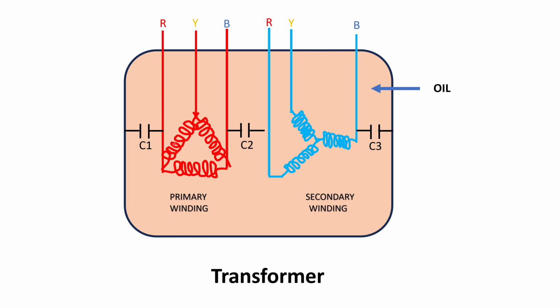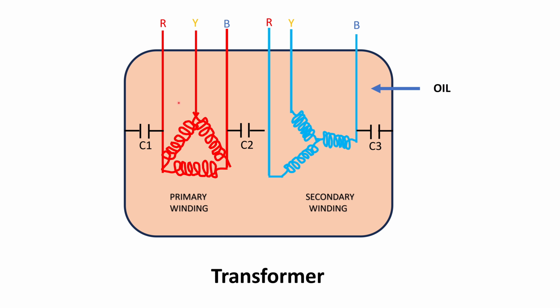Let's consider there is a capacitance between the primary winding and the transformer body, C1, and between these two windings, primary and secondary, there is a capacitance C2, and between the secondary winding and the transformer body, C3. We have to measure these capacitances.